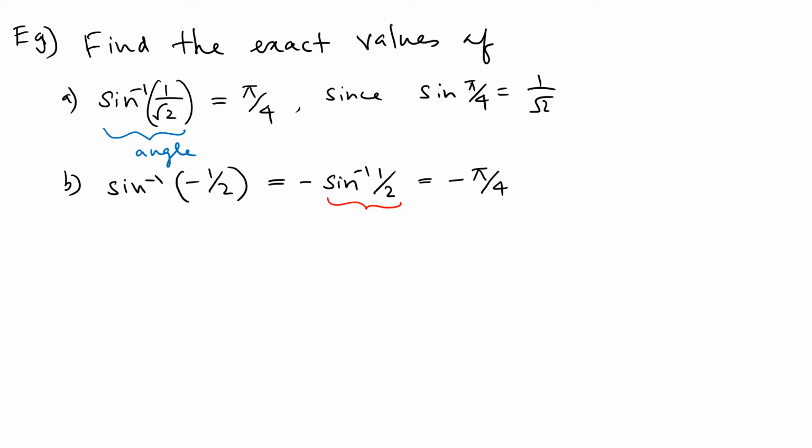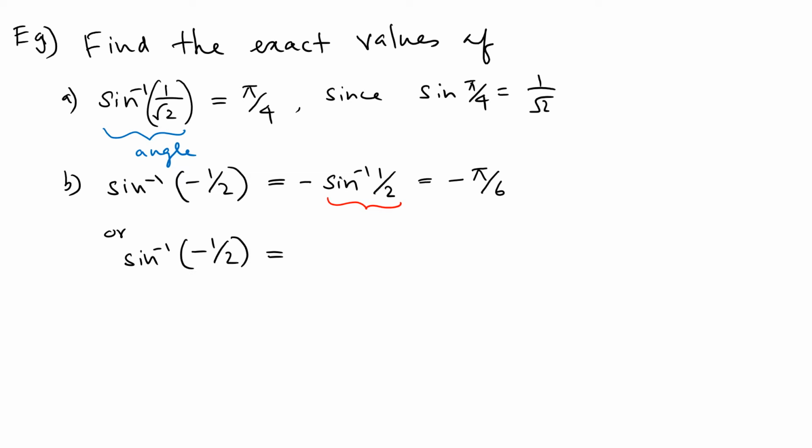So that is one way to do the problem. The other way to do the problem is to think of a value in the range. So sine inverse of -1/2 is a negative value.